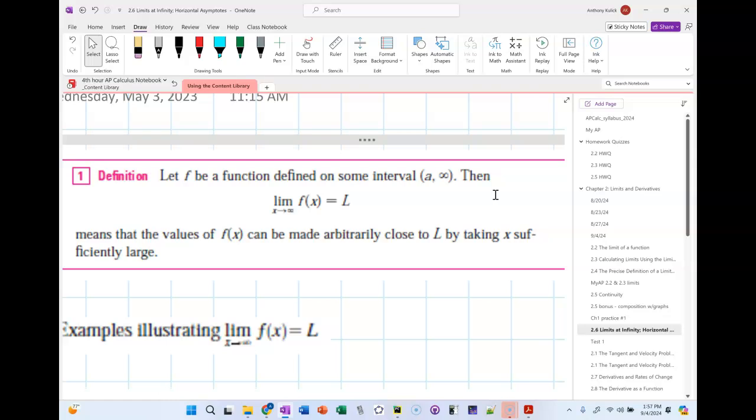It could be positive or negative, but that means we can make x as big as we want, but the y is just going to be settling down at L. So if I looked at an xy table, it might say 1, 2.5, 10, 2.8, 100, 2.86, 1,000, 2.9, 10,000, 2.97, and it's getting closer and closer to 3, but we're never actually going to get there.